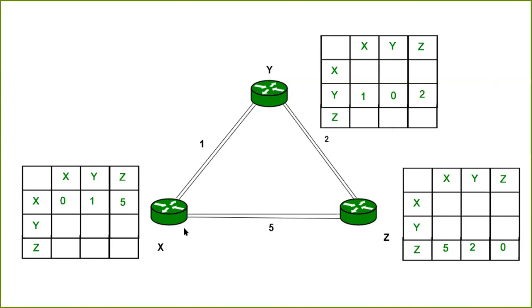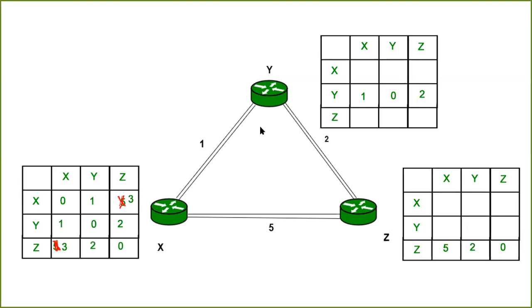Router X will find the distance that the packet has to travel to reach Y. The link cost to Y is 1, plus the distance advertised by the router to Z, which is 2. So 1 plus 2 is equal to 3. Now X to Z, the original distance is 5. Through Y, I'm getting a shorter route, so I update my routing table information as 3.